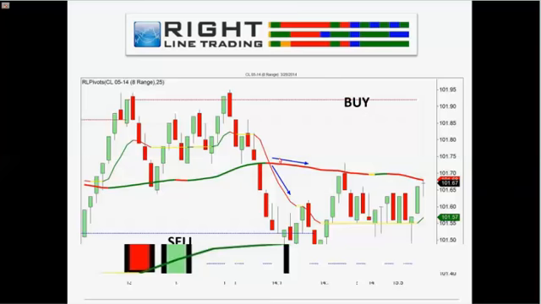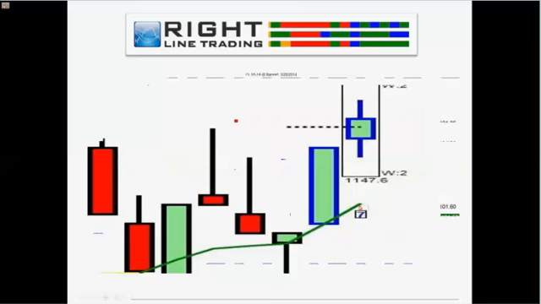Now, we also determined that the distance that you take the trade off of support or resistance is a major independent variable in determining whether or not you're going to get a successful trade. So we created an indicator, and this 7 tells you that the candle body open is 7 ticks off support.